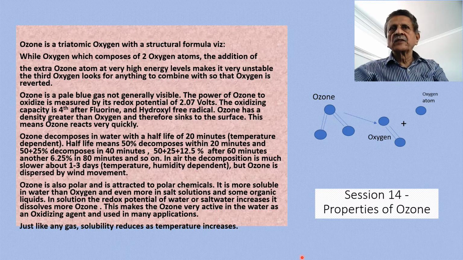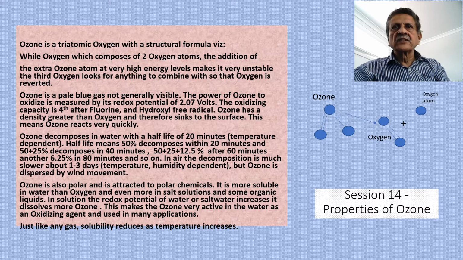It's more soluble in water than oxygen because water has a bit more polarity, and oxygen itself has less polarity compared to ozone. And therefore, for the same reason, ozone is more soluble in salt solutions and some organic liquids.